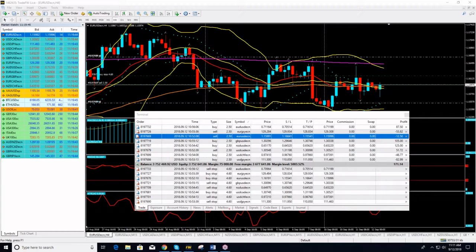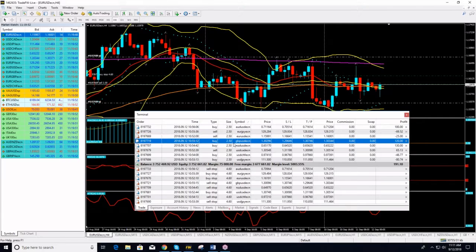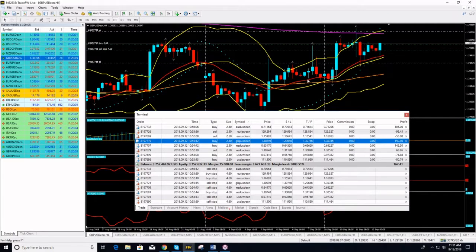So, short positions on Euro dollar with a take profit at 1.15501. The fourth trade I have placed is long positions on pound dollar with a take profit at 1.3746. Let's check also pound dollar, guys, and see how it's performing.